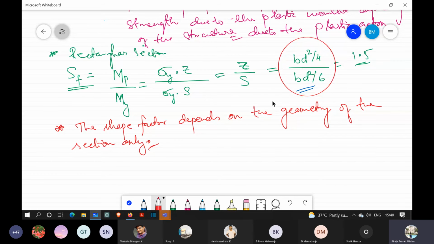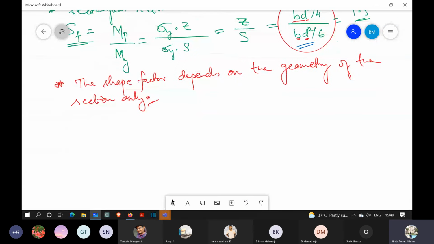Now for different sections, let us say I'm making a table: types of cross section and their shape factor value.